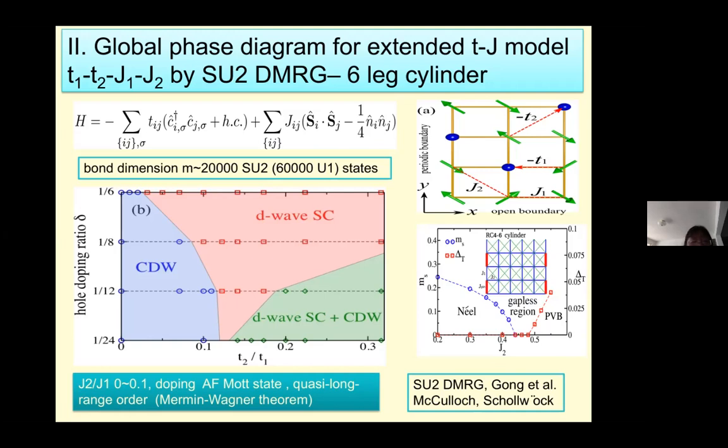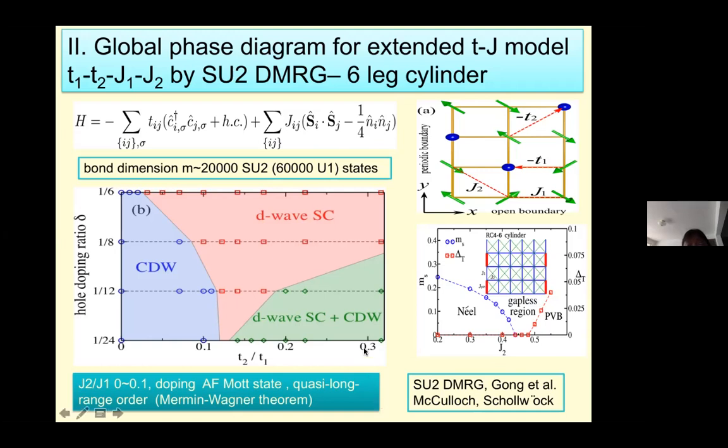The only instability is the charge density wave instability, and in the ground state, the density actually shows stripes. In the intermediate phase, we have very uniform charge density, and the charge-charge correlation function decays much faster than the superconducting correlations. That phase we label as the d-wave superconducting phase.